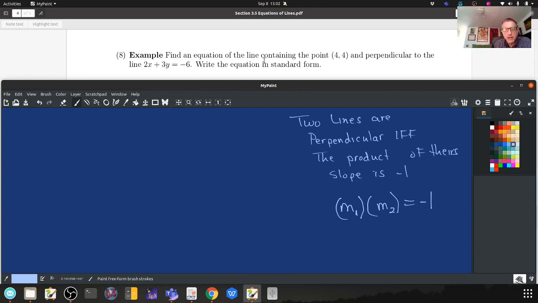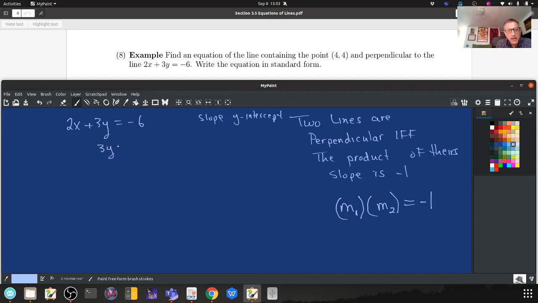So find an equation of the line containing the point (4, 4) and perpendicular to the line 2x plus 3y is equal to minus 6. So let's go ahead and convert this into slope y-intercept form. There's a lot of different ways to do this. I want to convert to slope y-intercept, so that's y is equal to mx plus b.